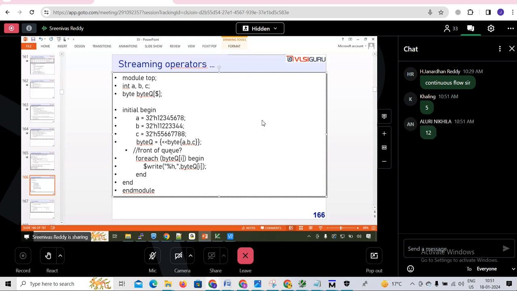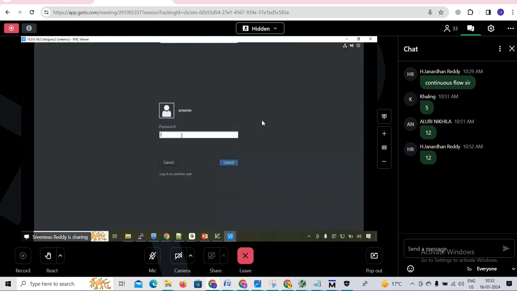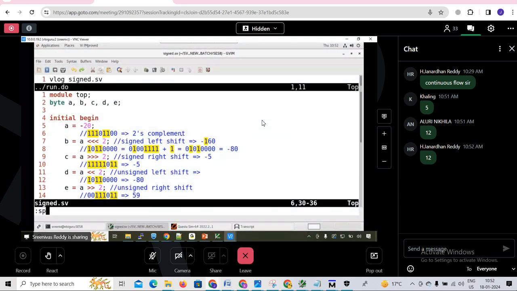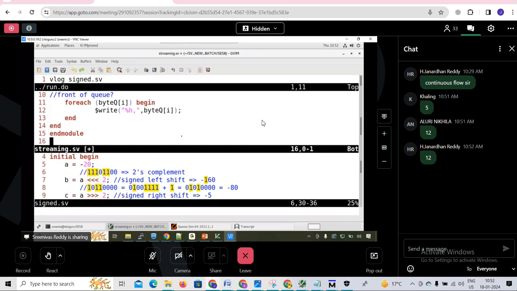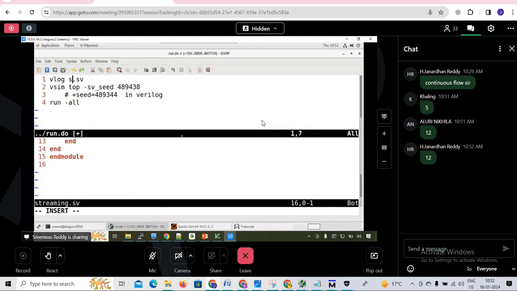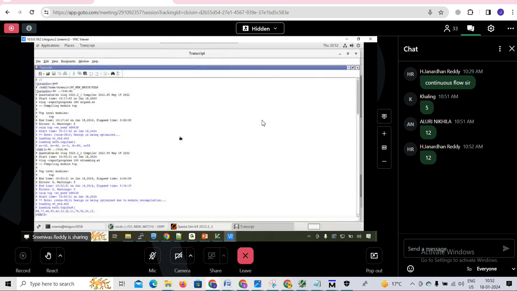So if I run this code and print it, 1, 2 is coming, with 88 in the front of the queue and 1, 2 in the back.